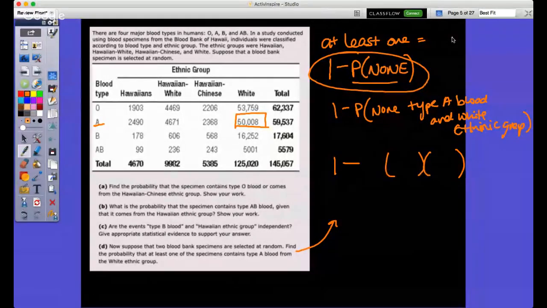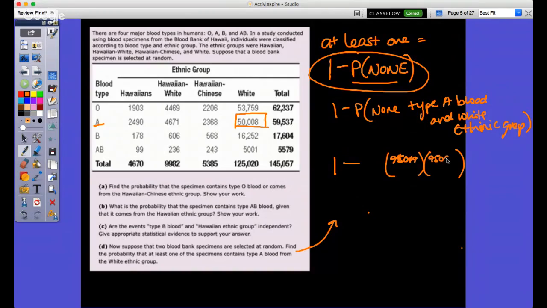We get 95,049 is what we got here, my fault, 95,049, over my total, which is 145,057. Now, again, these are large numbers, but you're going to see that this is the probability that the first one would not be type A from the white ethnic group.